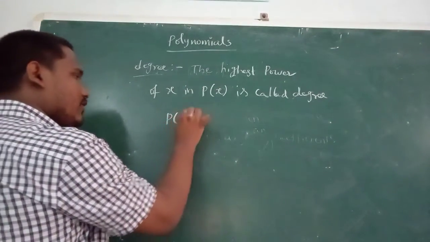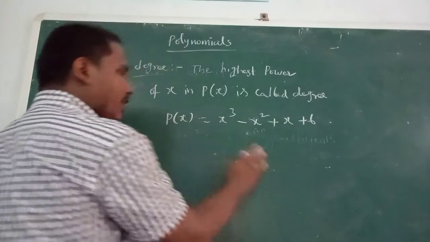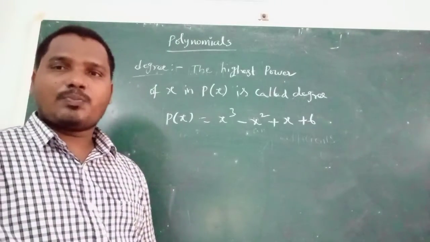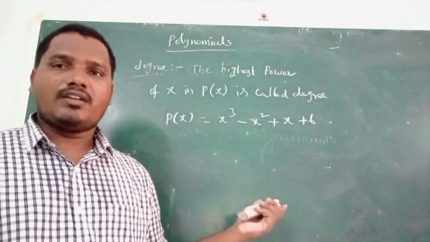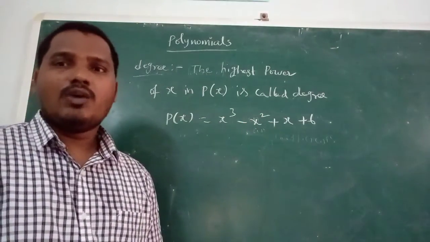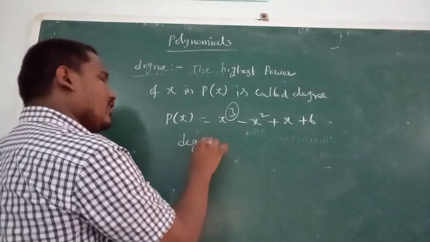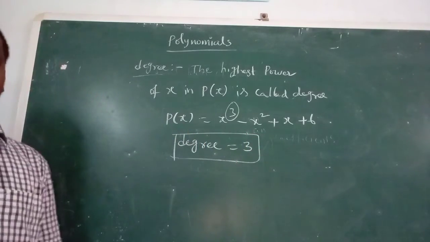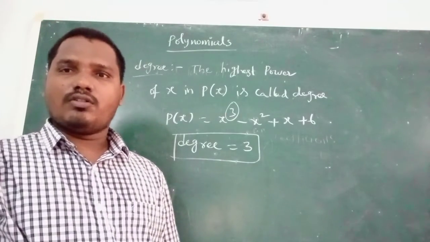Suppose P of x is equal to x cube minus x square plus x plus 6. Suppose this is a polynomial. What is the degree of this polynomial? The highest power of x. Here 3 is there, 2 is there, 1 is there. What is the highest power? 3. So the degree of the polynomial is equal to 3.